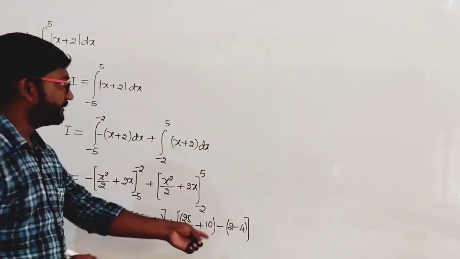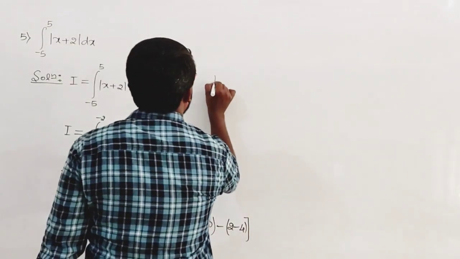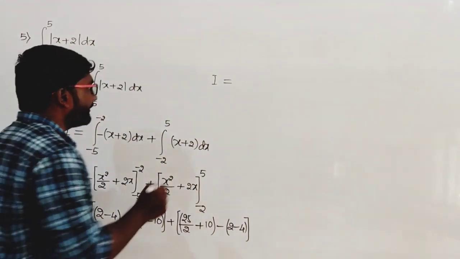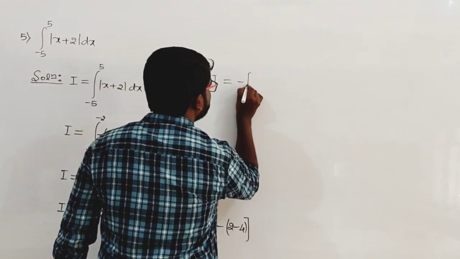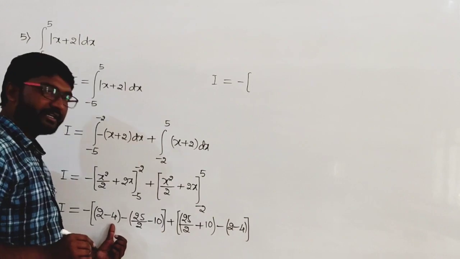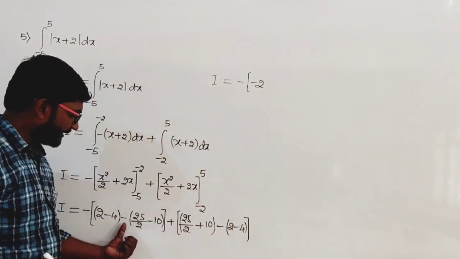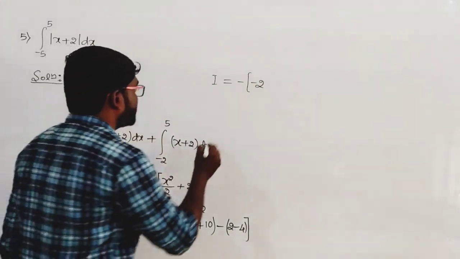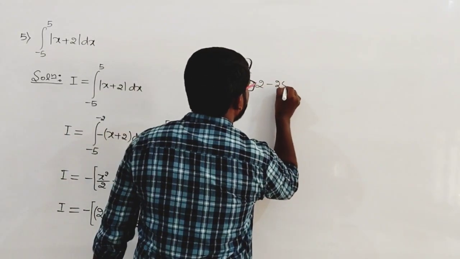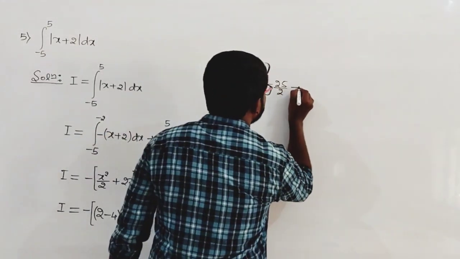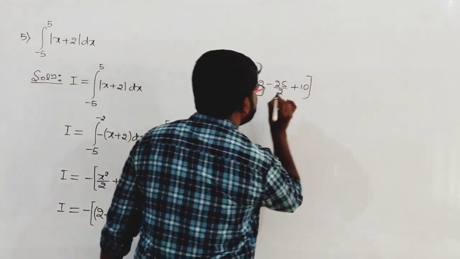Then let us simplify this in the next step. I is equal to, so see here, minus I will be writing outside, 2 minus 4 is minus 2, then multiply this minus with these two terms, we get minus 25 by 2, and then minus into minus is plus 10, I close the bracket.